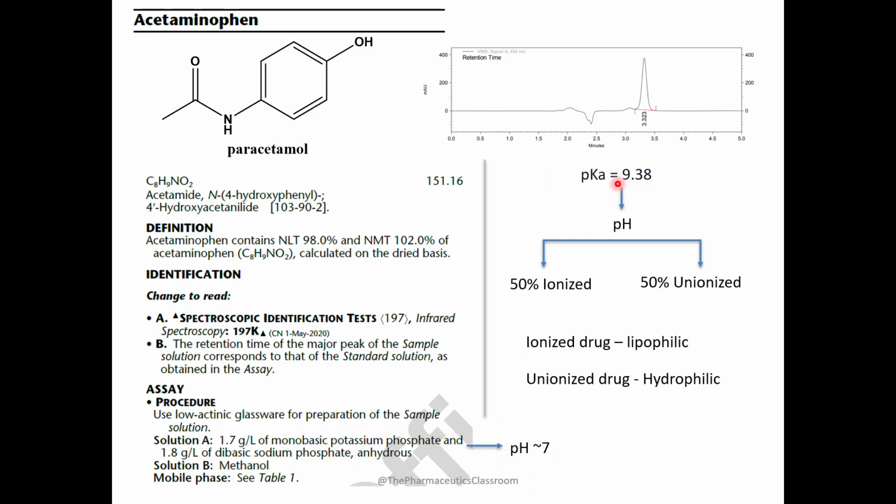If I use a buffer of pH 7, 2 units less than the pKa, 99% of the drug will be in unionized state and 1% of the drug will be in ionized state. So 99% of the drug will have one physicochemical property and behave similarly, and we will get a sharp peak like this one.